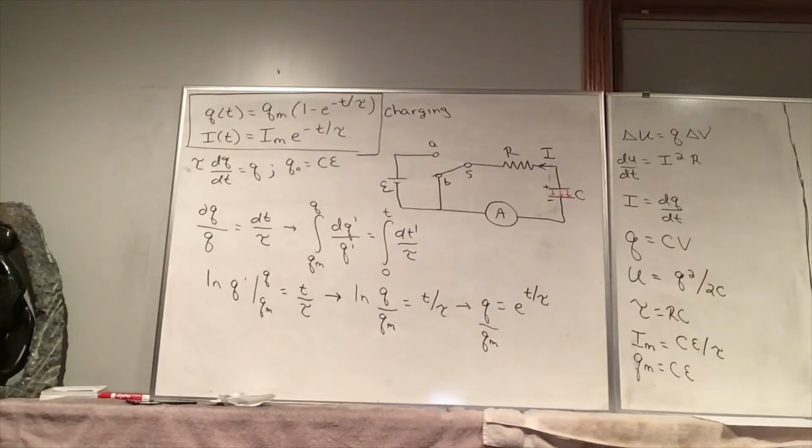It's going to be minus t over tau, otherwise the charge is just going to keep building up. We're going to start at q equals qm and then just build up from there, when the charge should actually be decreasing. So let me think about what happened here.